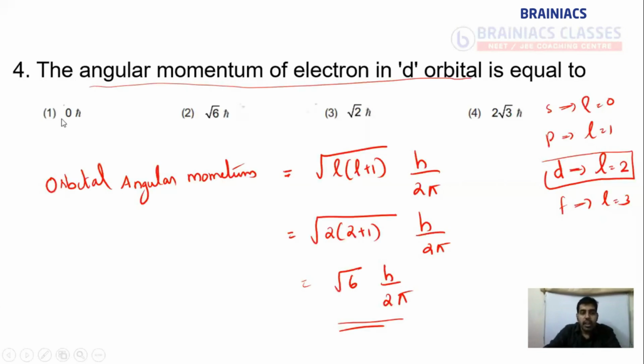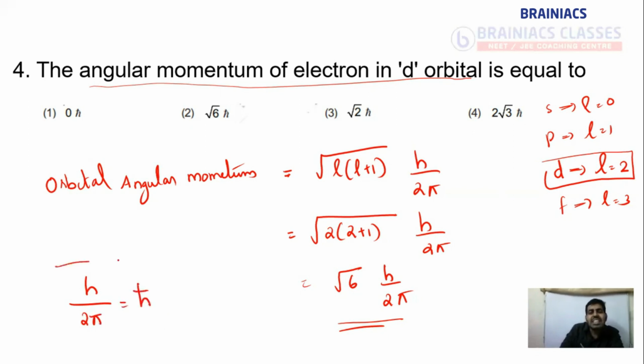Now, here the options are 0 h cross, root 6 h cross, root 2 h cross, 2 root 3 h cross. Now, this h by 2 pi is known as h cross. H is a constant, Planck's constant, and 2 pi is also a constant. So when you divide a constant by another constant, you get another constant.